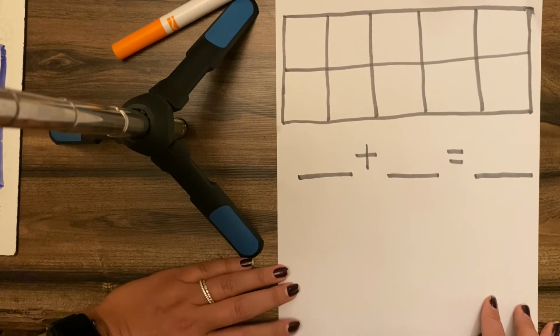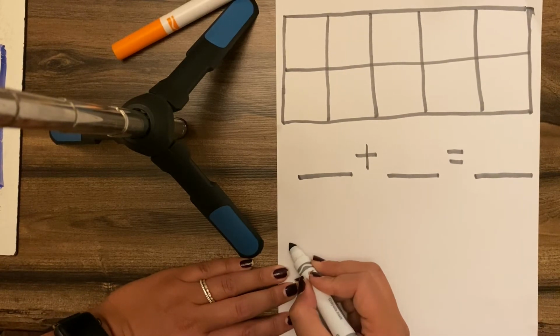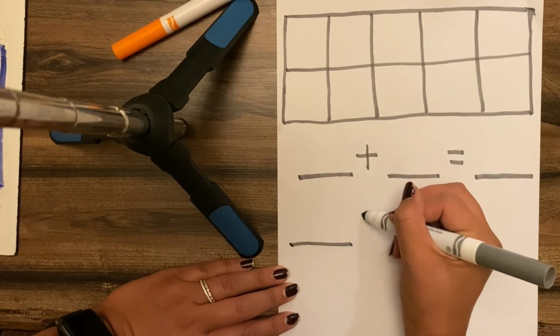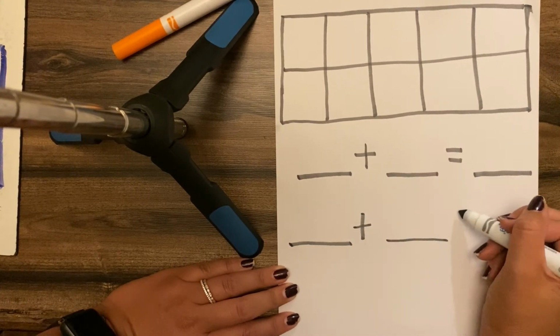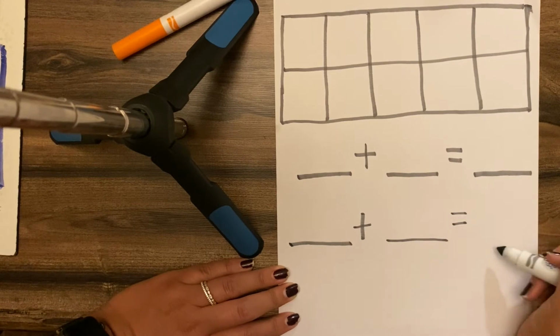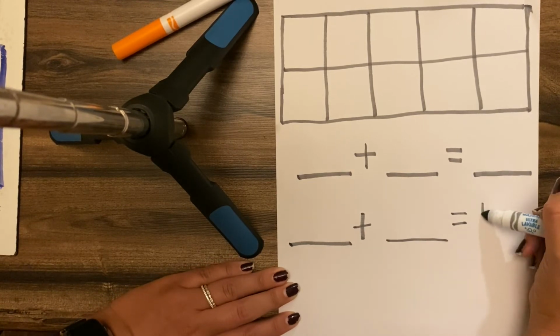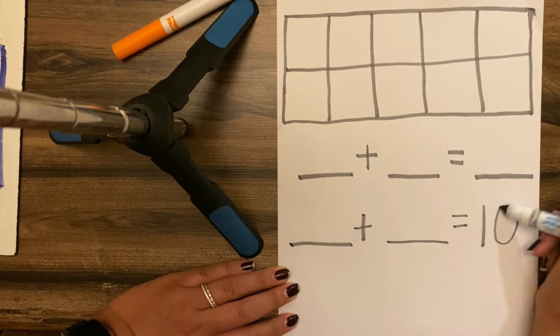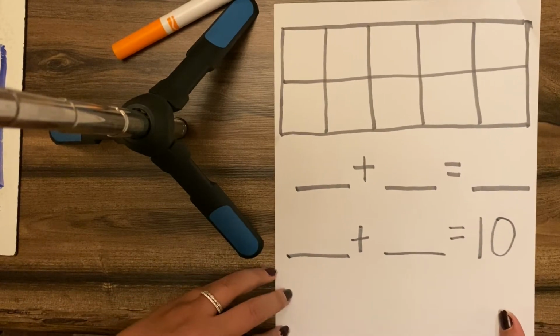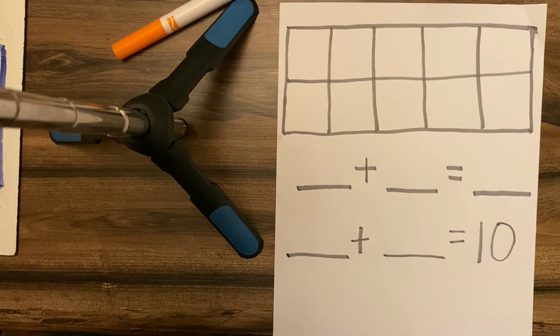Okay, then we're going to do it again. A line, a plus, a line, an equals, and this time, we're going to put the number 10. Whew. Wow, we have our whole problem set up.